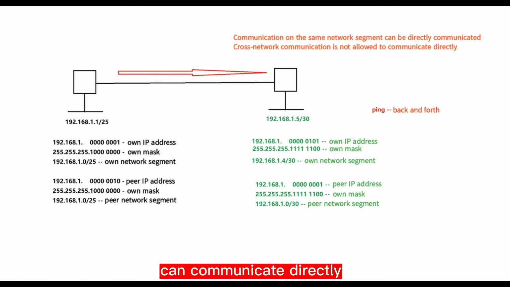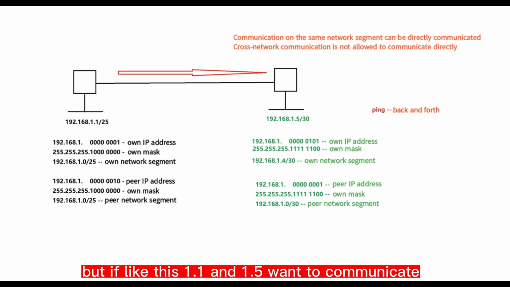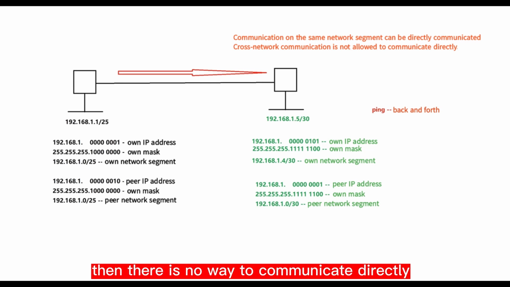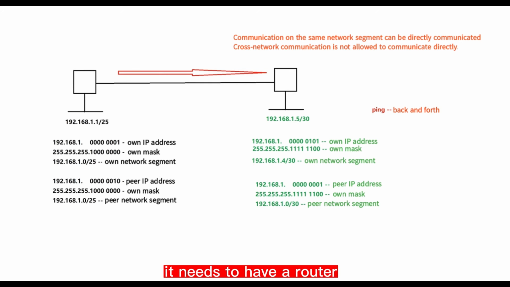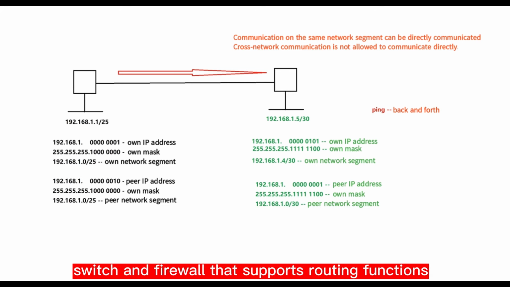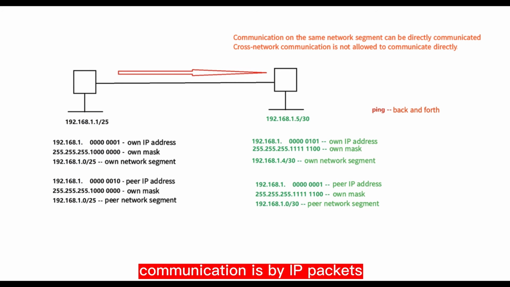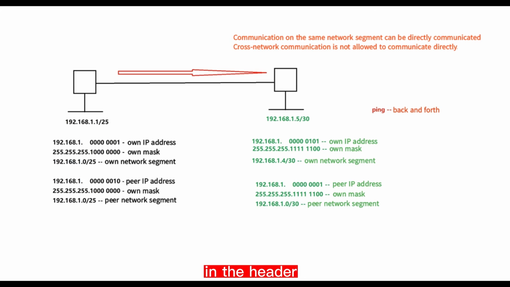But if 1.1 and 1.5 want to communicate, there is no way to communicate directly. It needs a router, or a layer 3 switch or firewall that supports routing functions. Communication is by IP packets, determined by the source IP and destination IP in the header. In the future, we will intervene with a router.